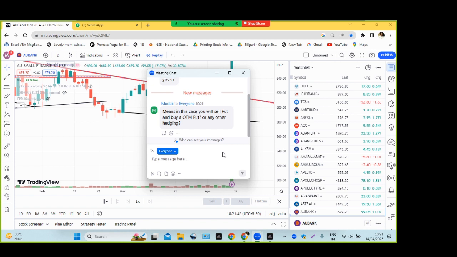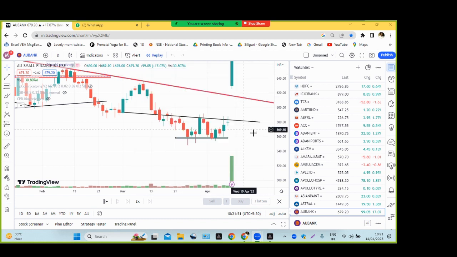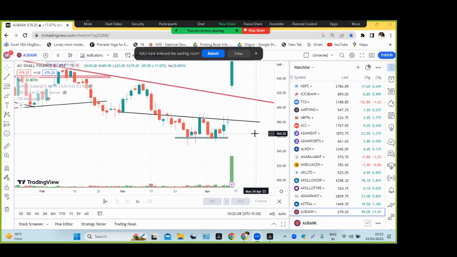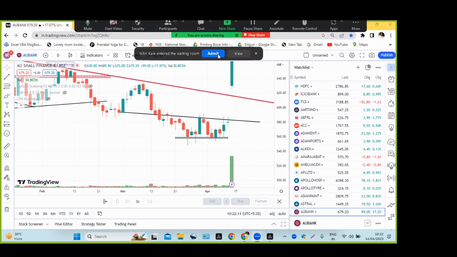So there is a query, in this case you will sell a put and buy an OTM put. Now this is another big subject. There are many ways you can trade in option selling, but mostly what I prefer is to sell somewhere near the nearest out of the money, nearest ATM, and I work with delta.